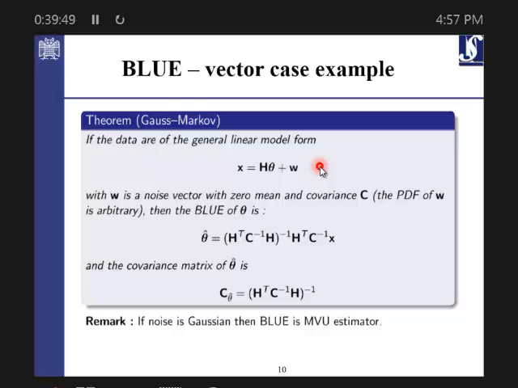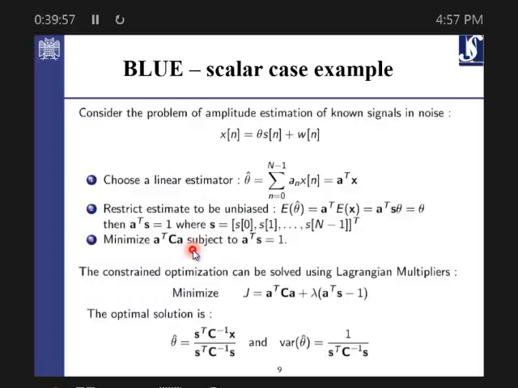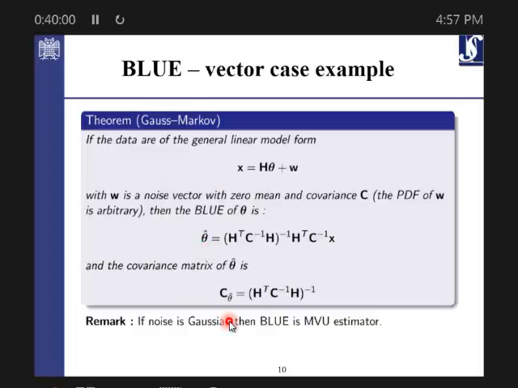And this is something that you will see in the beamformer. We will explain in the coming lectures. Just replace whatever was a scalar here with the vector version and you will get it. It's nice to know that if noise is Gaussian, then the BLUE and MVUE give the same answer. They're the same.